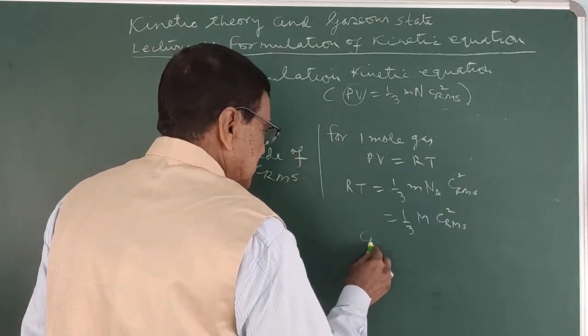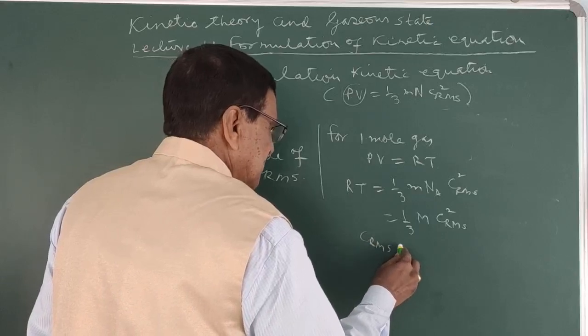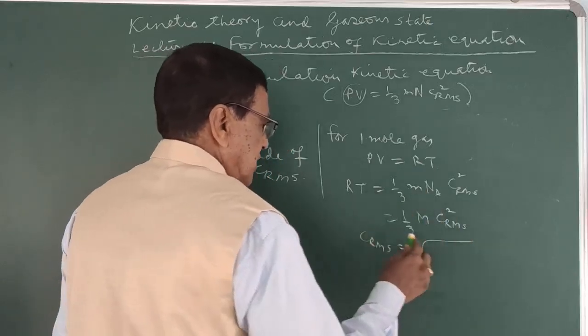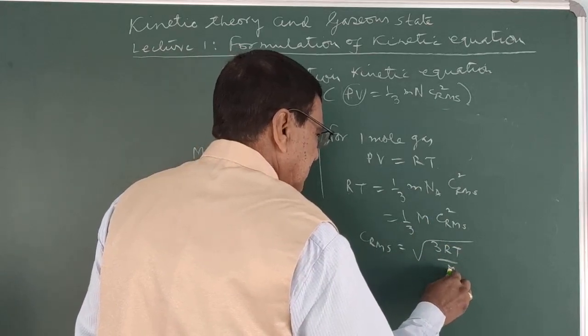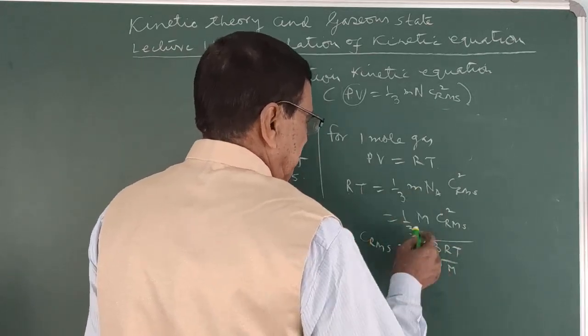So actually CRMS equals root over of 3RT divided by M.